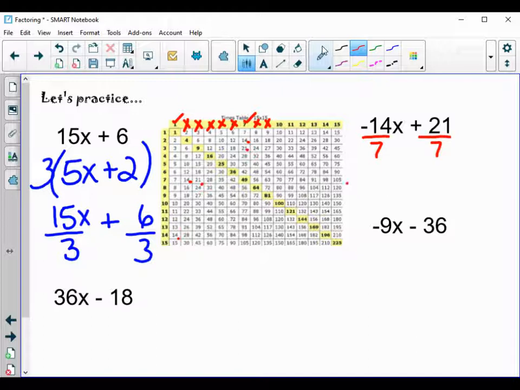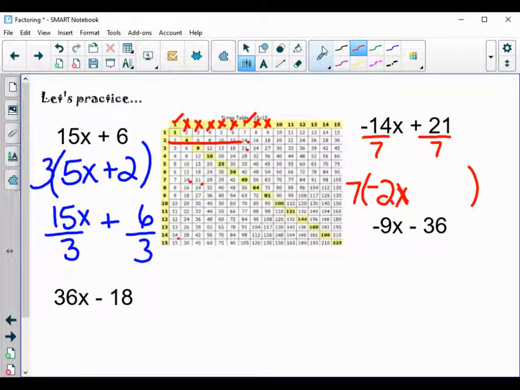Okay. So remember, on the outside is what you're dividing by. Now, you have to remember your integer rules. Same signs, add or positive, different signs, subtract or negative. So if you look at negative 14 and 7, those are different signs. So that means subtract or negative, and you can see what that answer is going to be, which is going to be 2. So negative 2x, okay?